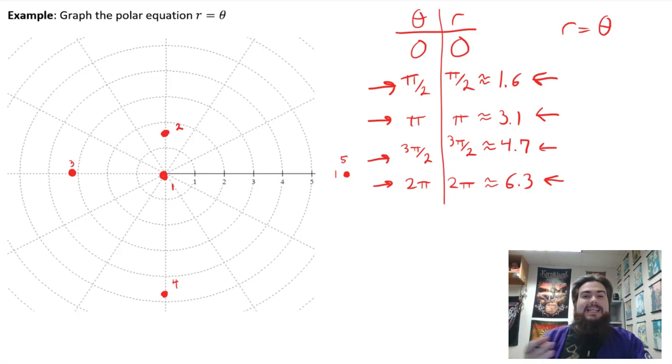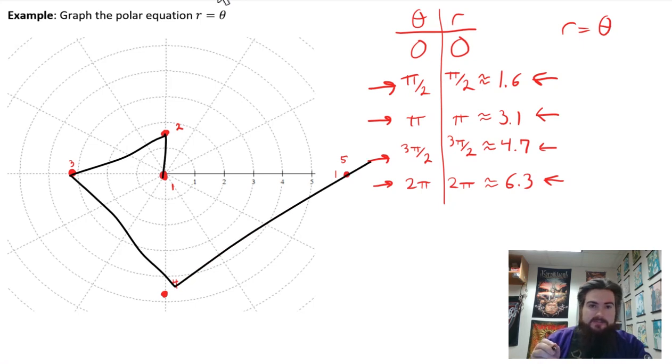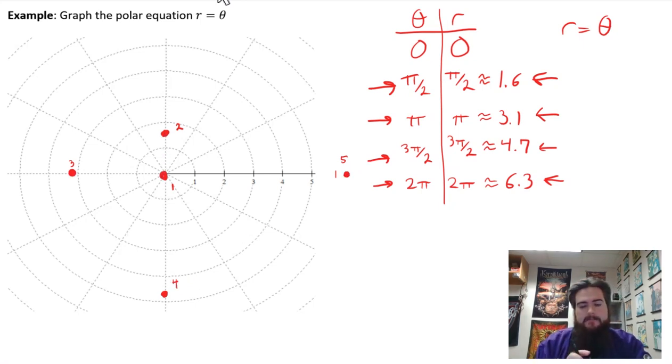When I connect these dots in order to make my graph, the way that polar coordinates works is all about rotation. So I'm not going to connect them to make it look like this. I'm not going to do that. Instead, consider that as we rotate counterclockwise, which is what we're doing when we're plugging in larger angle measures, my radius is getting progressively larger.